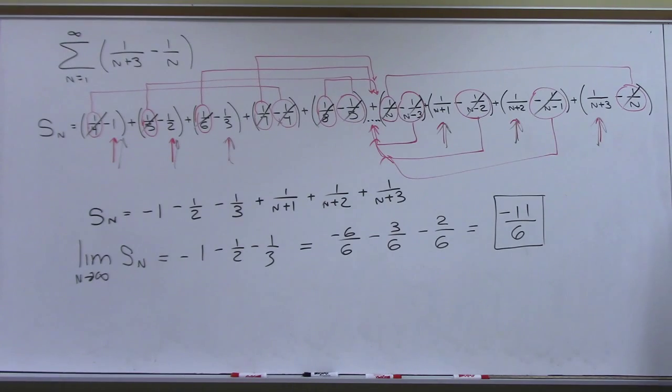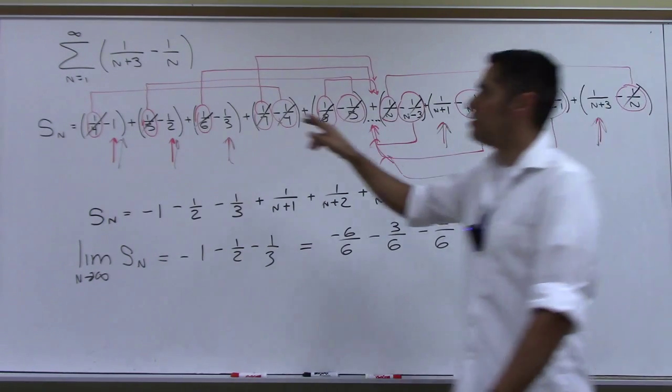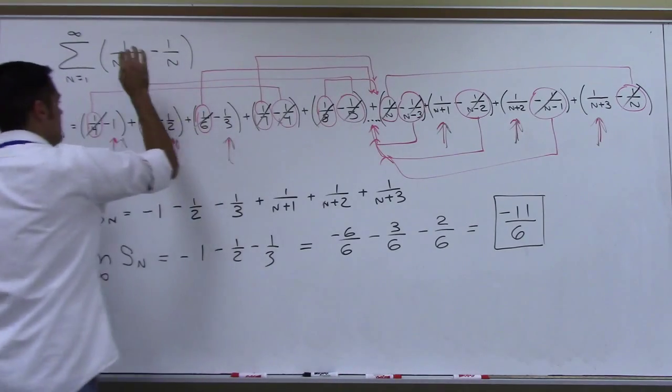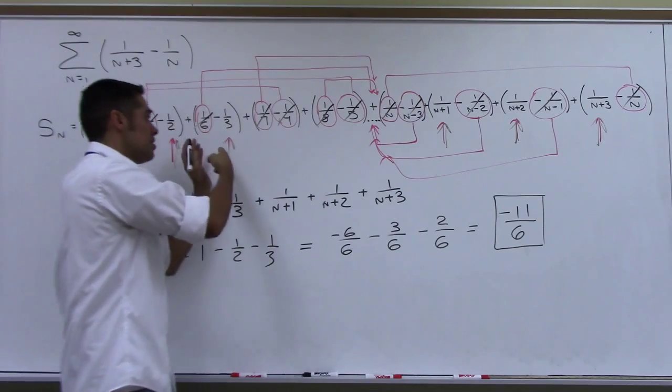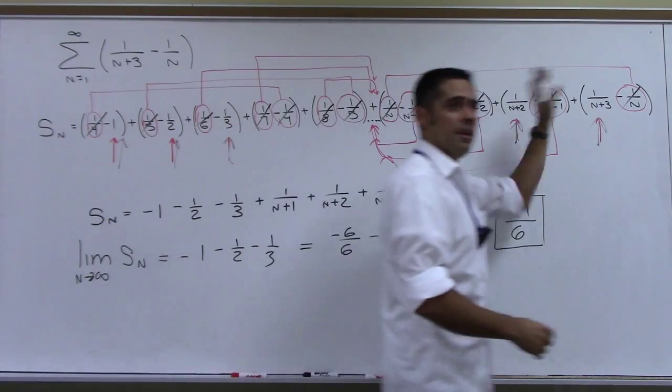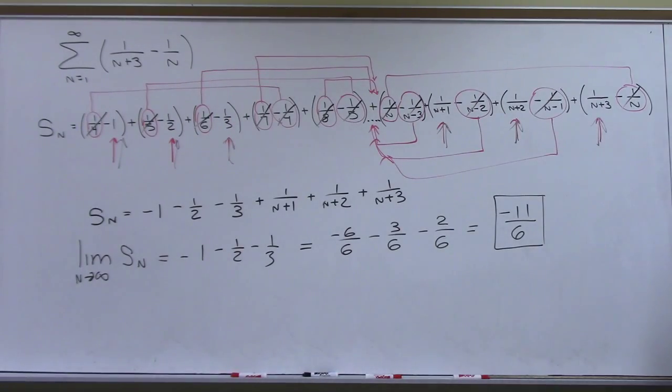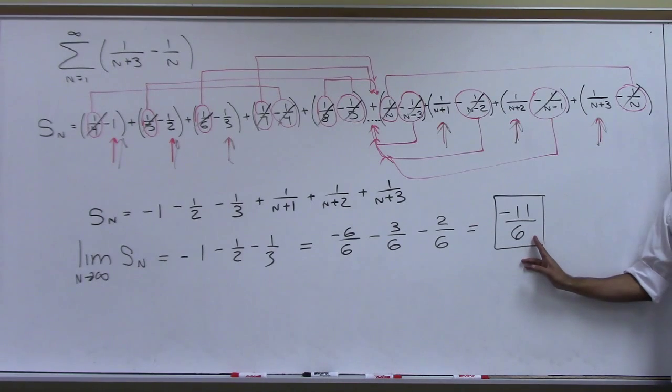That's right. This is what the series converges to. If you were to start adding these things up, 1/4 minus 1, 1/5 minus 1/2, 1/6 minus 1/3, and you were to go forever, you would get closer and closer to -11/6. That's what it converges to.